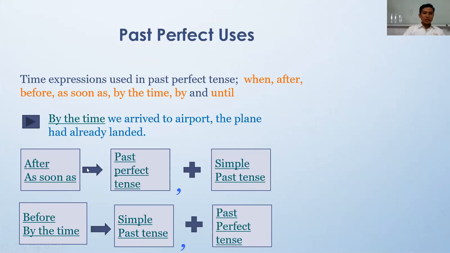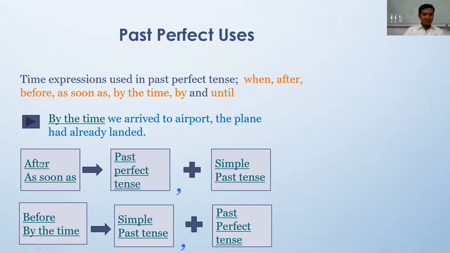So here, look at this one, after, as soon as. When you use after, ya, sesudah kata after, it's followed by past perfect tense. And then after the past perfect tense is simple past tense. When you use after, okay? But when we use before or by the time, it's followed by simple past tense, and after the comma, past perfect tense.